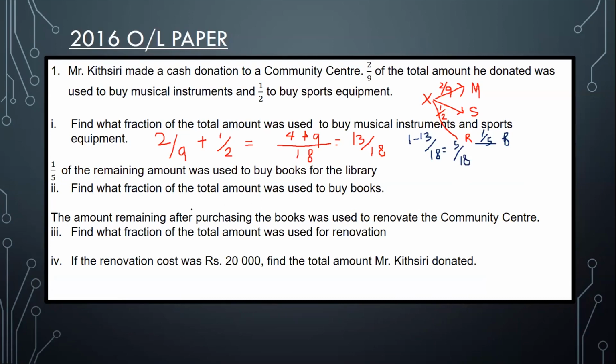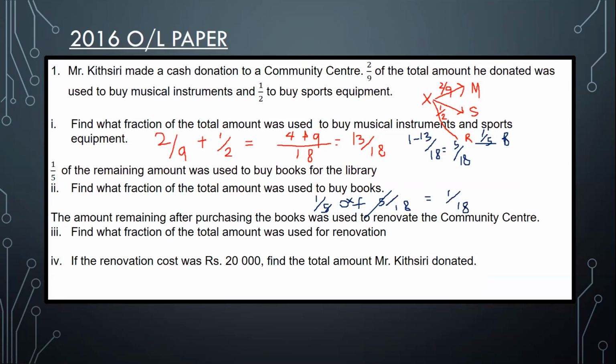Okay, so the fraction used to buy books is 1/5 of 5/18. Next step, you convert this into multiplication, and then 5 and 5 will cancel off. So you will get 1/18. So 1/18 portion is used to buy books.